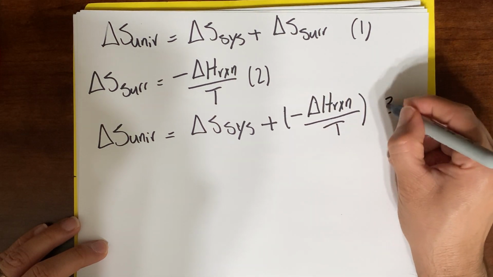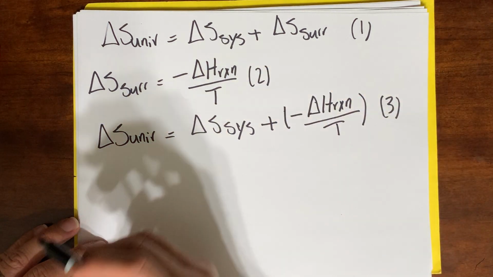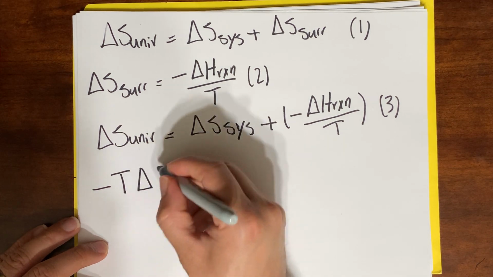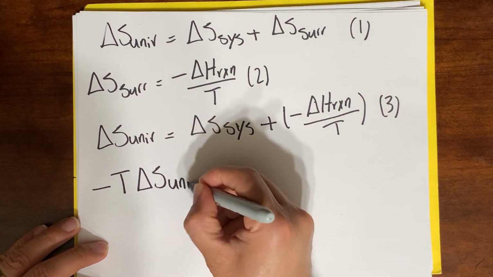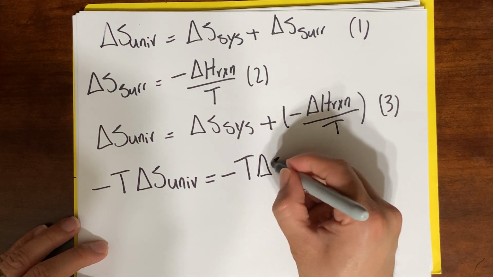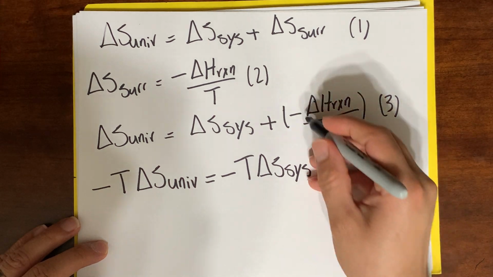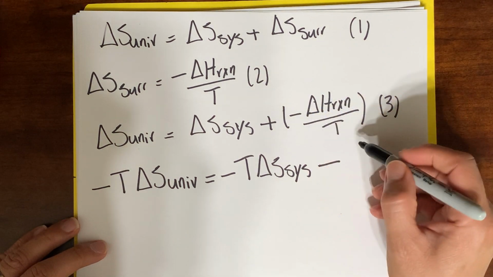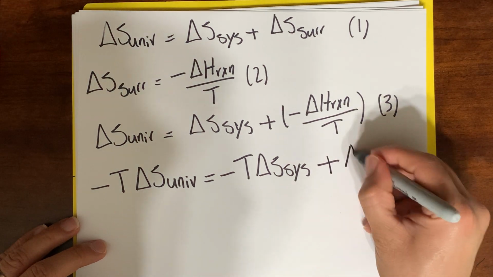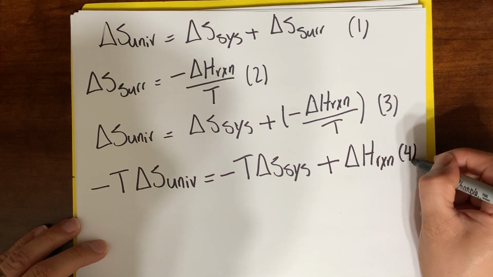Call this one 3. Multiply number 3 by minus T. I get minus T delta S universe equals minus T delta S of the system. And here minus times minus will be positive, and T by T will cancel, so I get plus delta H of the reaction. Call it 4.